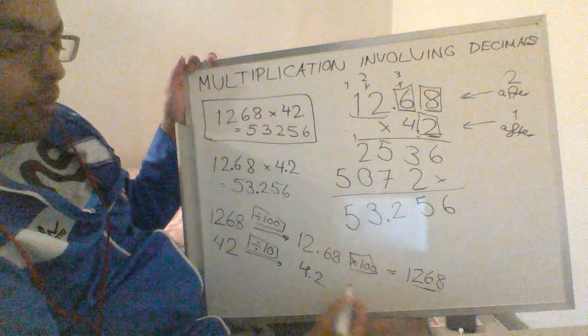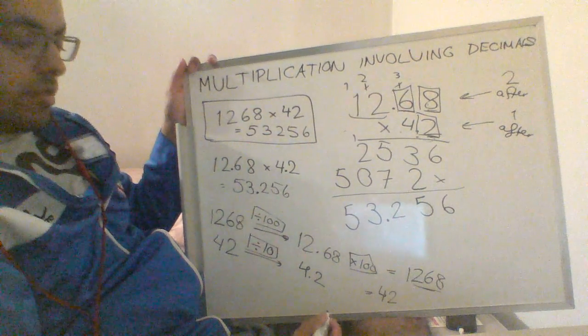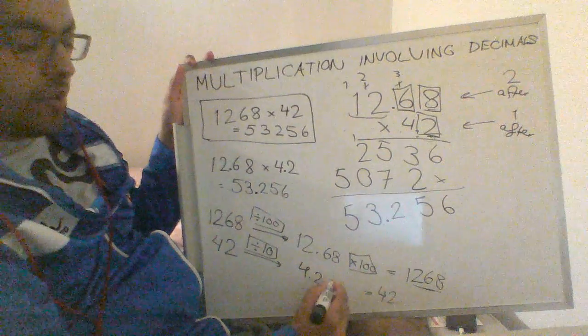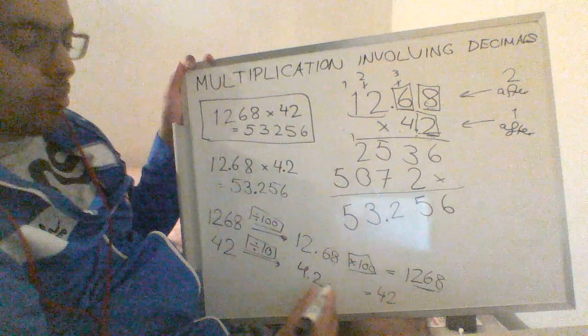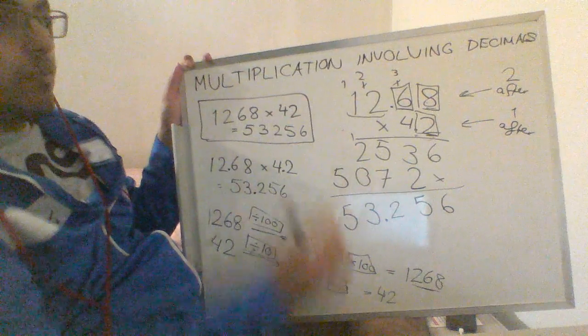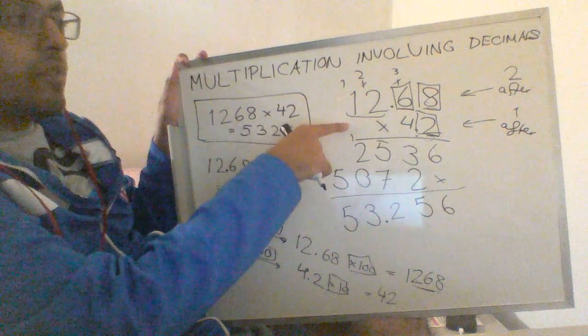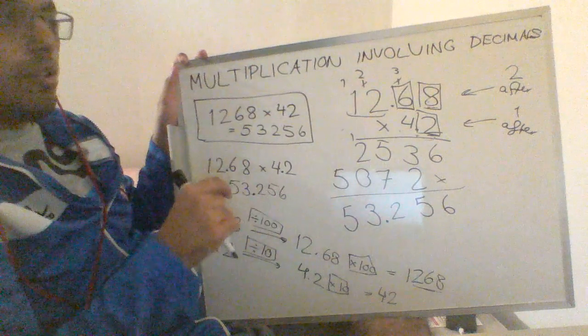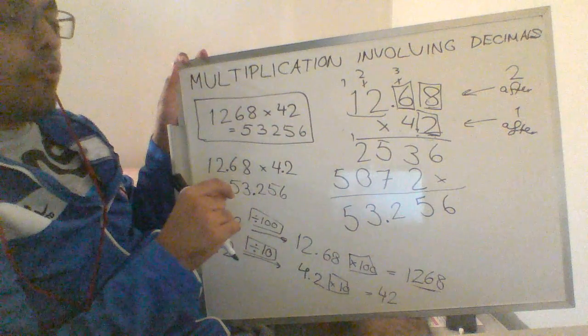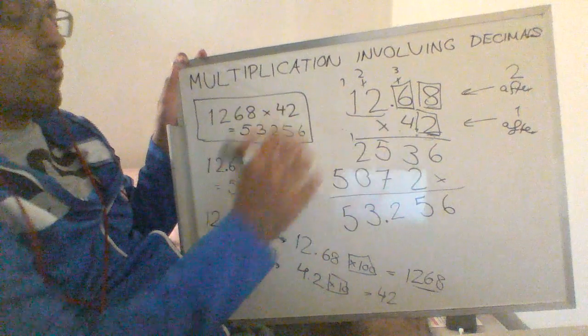And then with this 4.2, same thing. We don't want to work with a decimal, so we ignore it while we're working through the problem, and we treat it as though it was a 42, right? We treated this as though it was 1,268, and we treated this one as though it was 42 instead of 4.2.